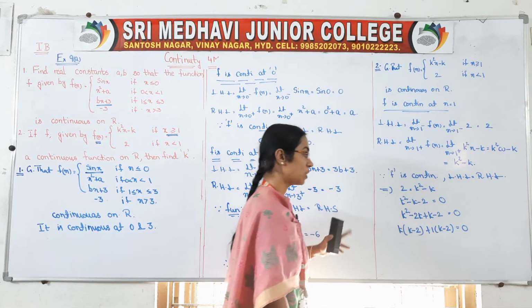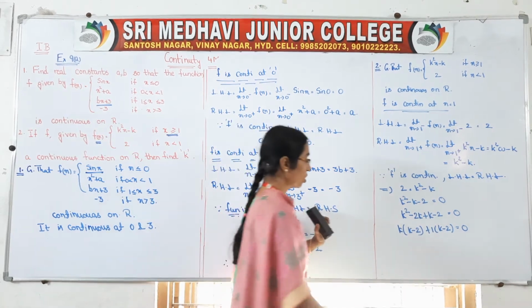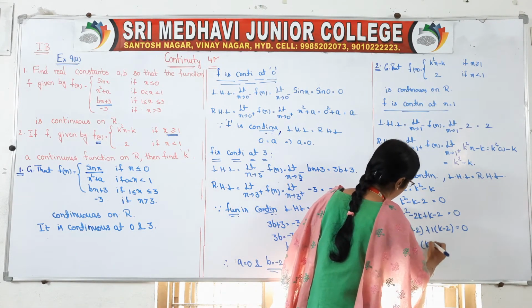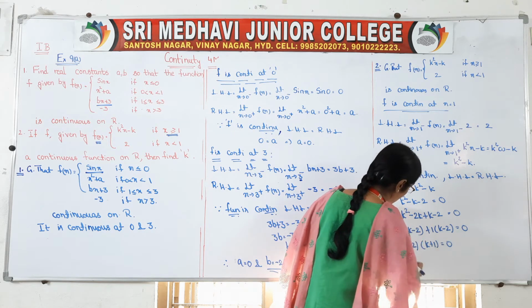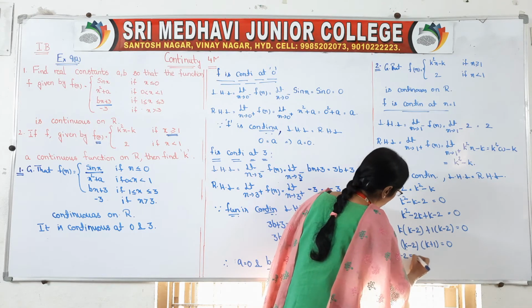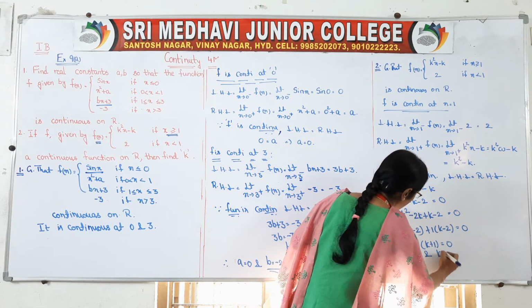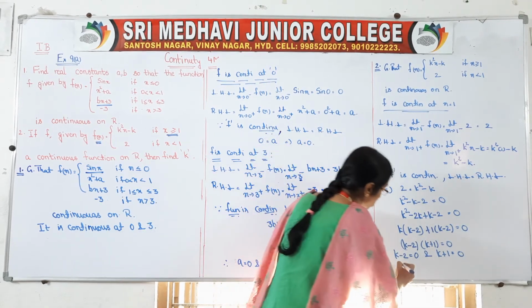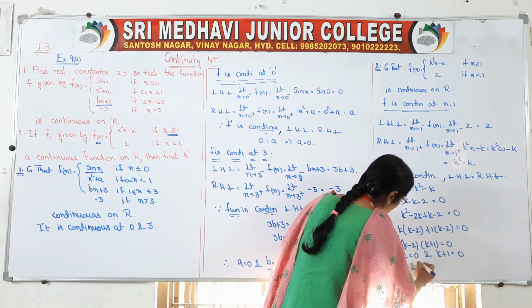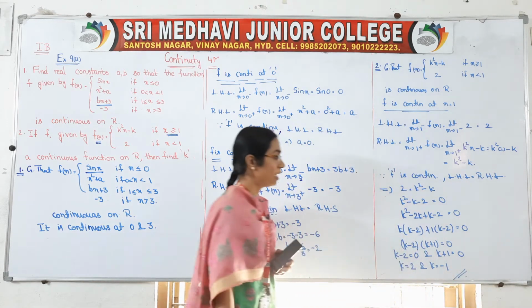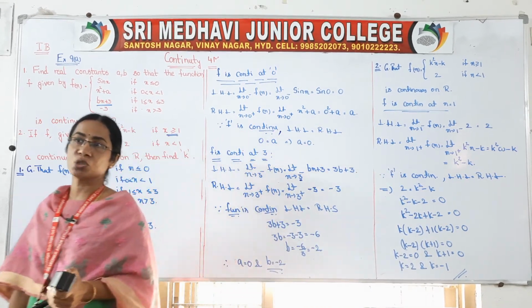Then we can take k minus 2 common, k plus 1 is equal to 0. So k minus 2 is equal to 0 and k plus 1 is equal to 0, so that k is equal to 2 and k is equal to minus 1 is the answer of your question.